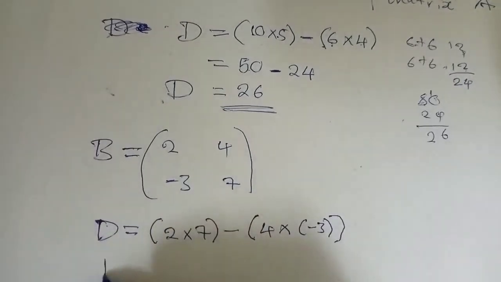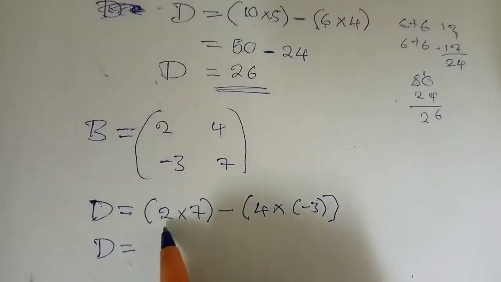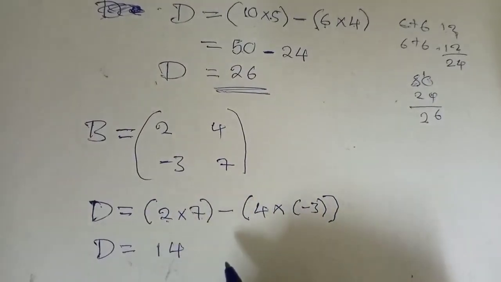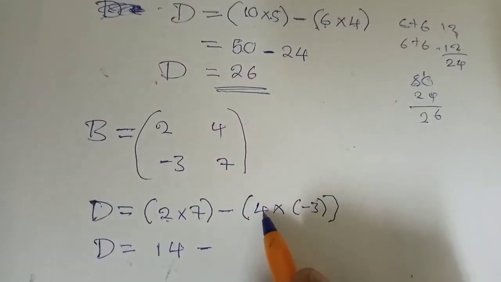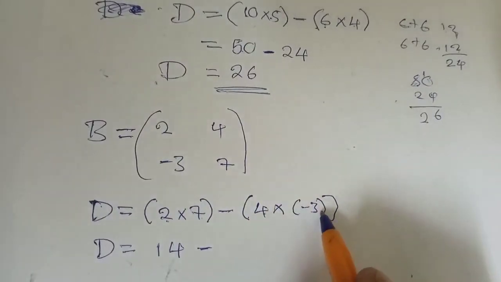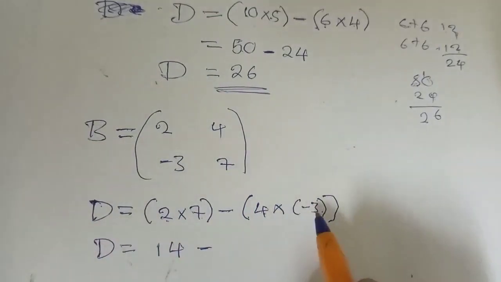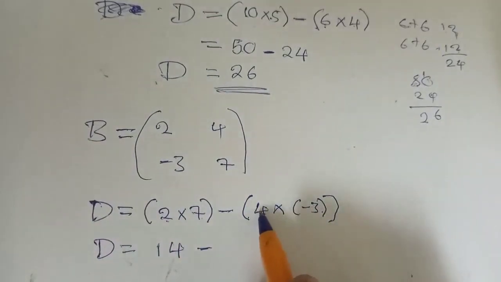Okay, so the determinant is equal to 2 times 7, which is actually 14. Then you put the minus, then positive 4 multiplied by negative 3. So 4 times 3. This is positive, this is negative.